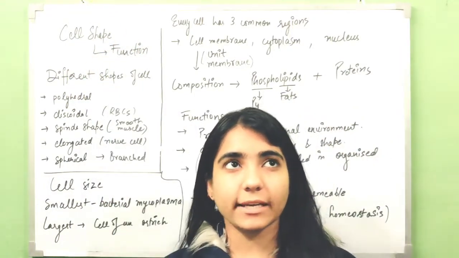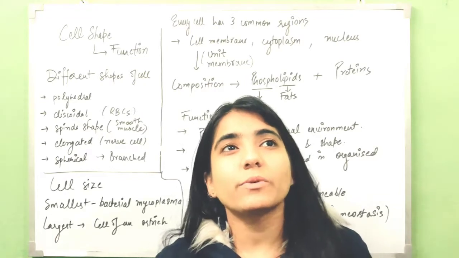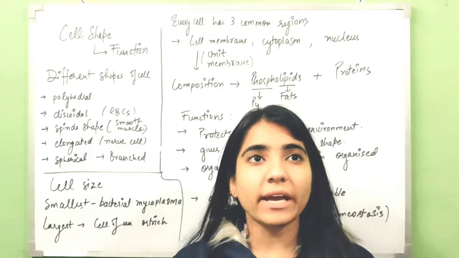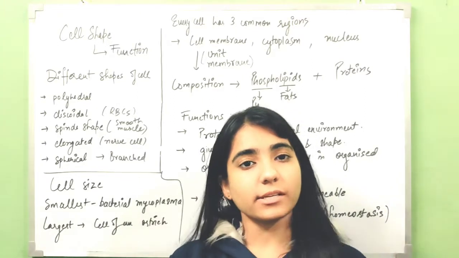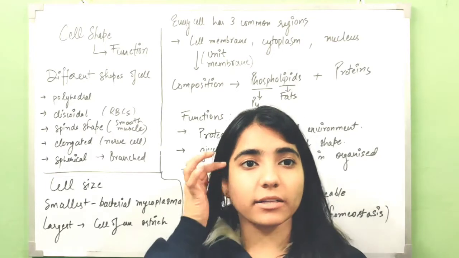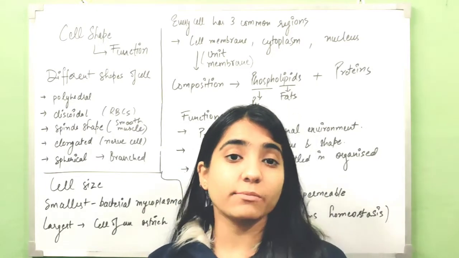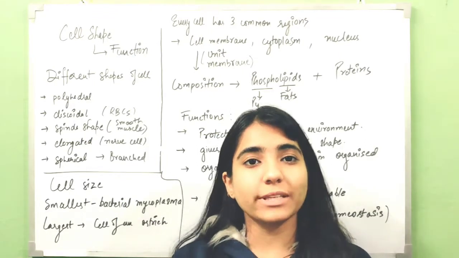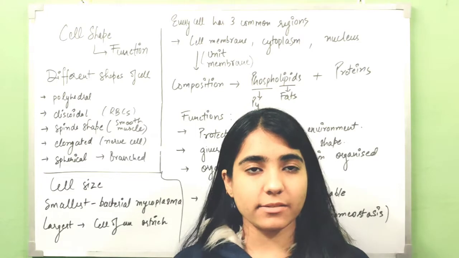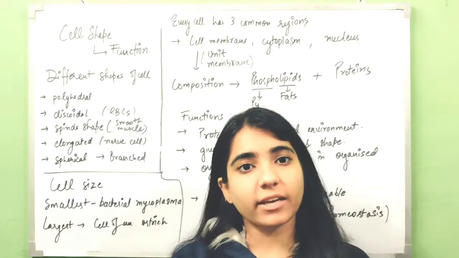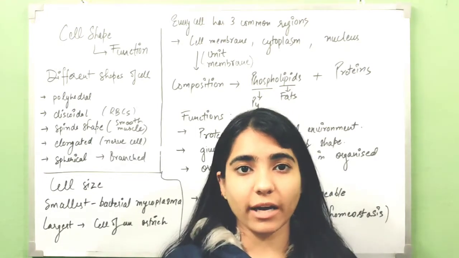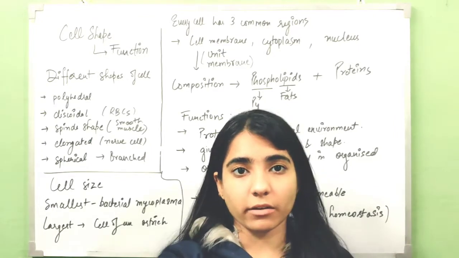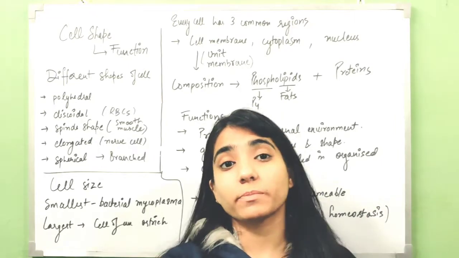Now let's take the example of white blood cells. White blood cells are commonly known as leukocytes and they are present in our body. We say that the white blood cells are the soldiers of the body, or the defense mechanism of the body, as they fight against infections and destroy germs. These leukocytes are spherical in shape. They have a function, that is, they circulate in the blood. When they are circulating in the blood, their shape is spherical.